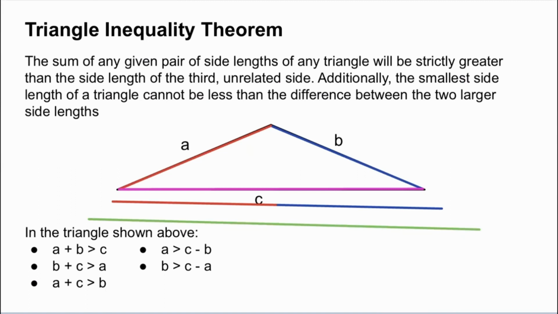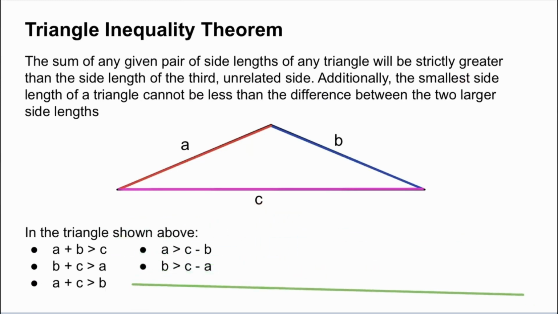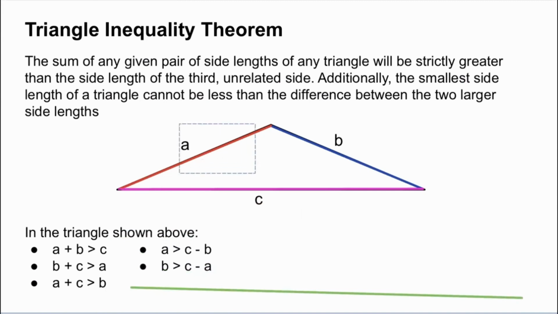Now, if I were to take the measures of a and b and try to form a triangle, it's going to be pretty difficult, because this guy is super large. If I take this value of a and place it right here, and this value of b, place it right here on the other end, there's no way that they meet.